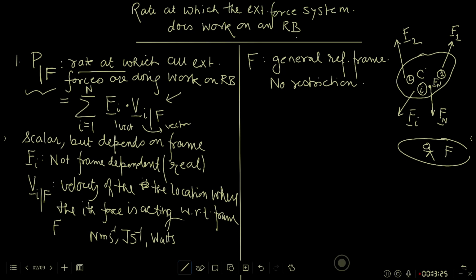Also, I want to mention that the capital letter F is being used for many things here, but it should be clear from the context what we mean by that. So if F is just being used without an underbar, it means a reference frame.